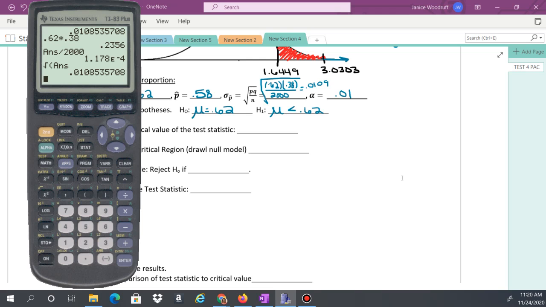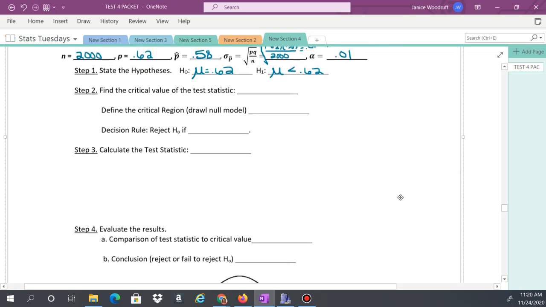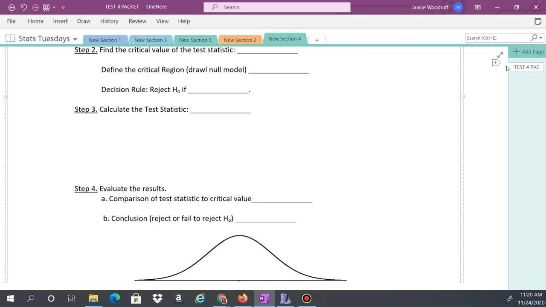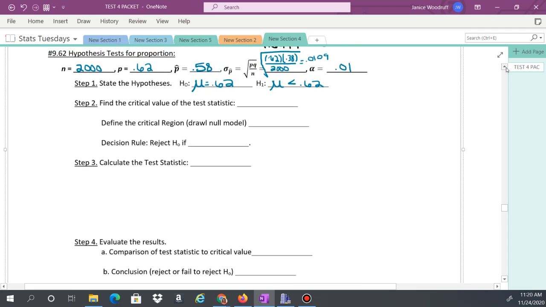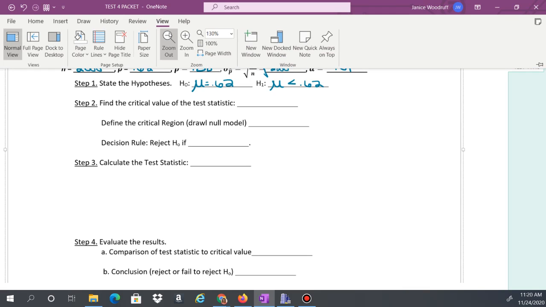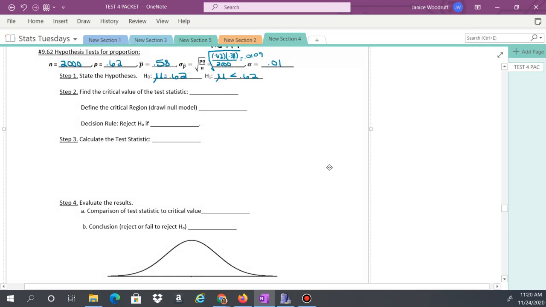All right, so we have everything. We need the test statistic. So let's go ahead and plot this, find the z-value. Let me make it a little bit smaller so we can see everything. There we go. On my chart, you've got a significance level of 0.01.